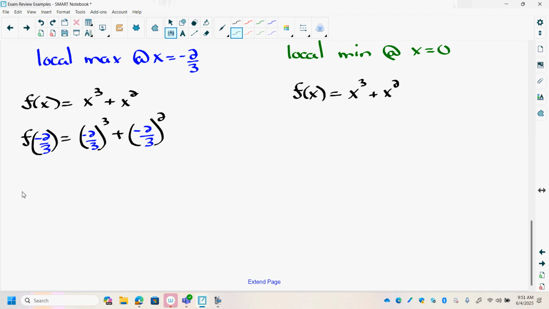And I end up with f at negative 2/3 equal to, what's negative 2 to the power of 3? Negative 8. What's 3 to the power of 3? 27. Good. Plus negative 2 squared. 4. 3 squared. 9. How do I add those?